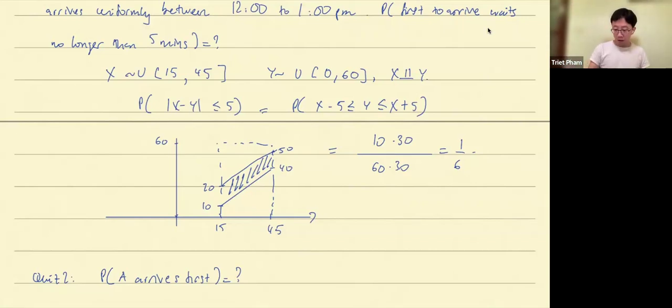So A arrives first is the probability that X is less than Y.